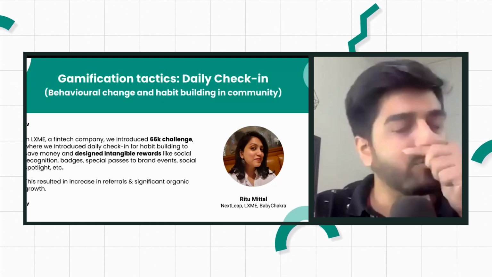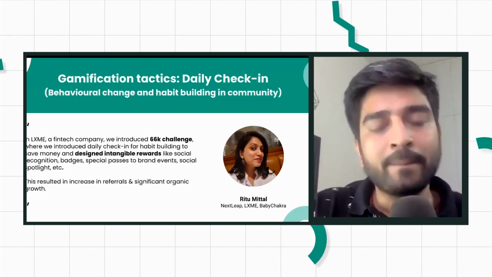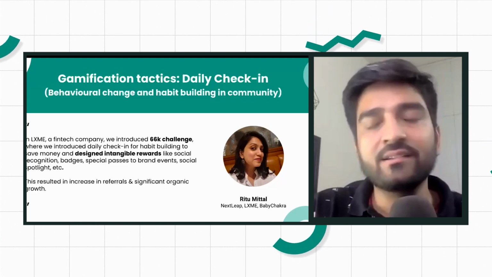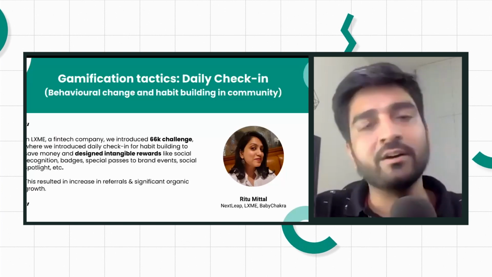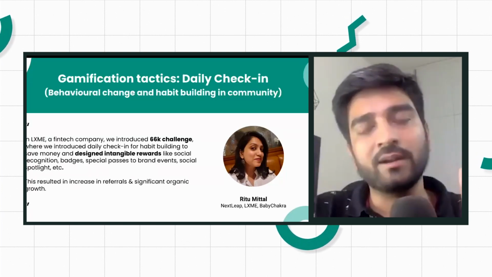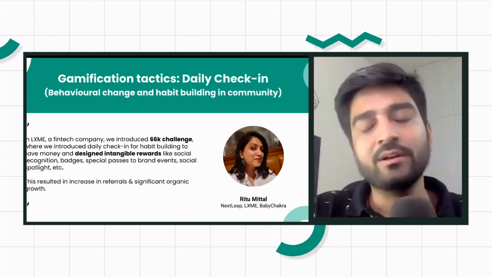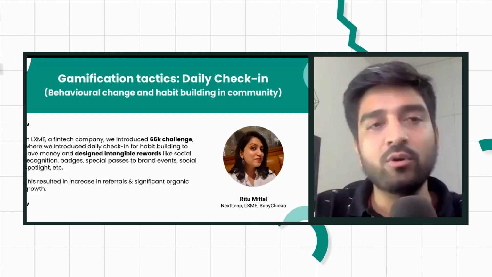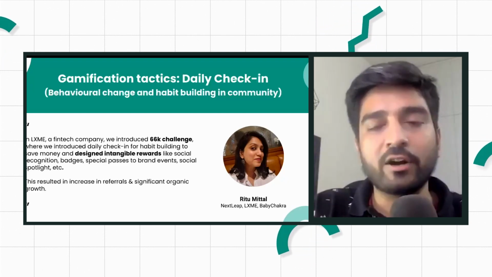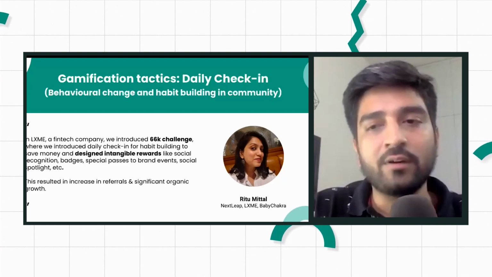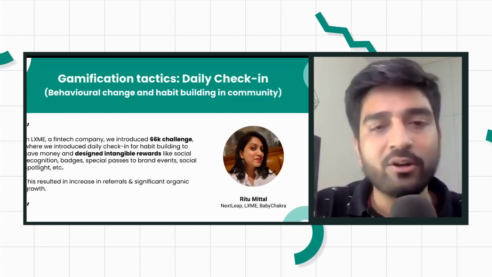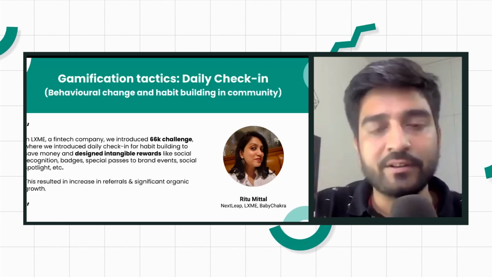So what they did was they had this challenge where on a specific year from, let's say January 1st to December 31st, every day they would give a random number between 1 to 365, and the community had to do savings with that number. And I'll have Ritu comment on it after the presentation in more detail.